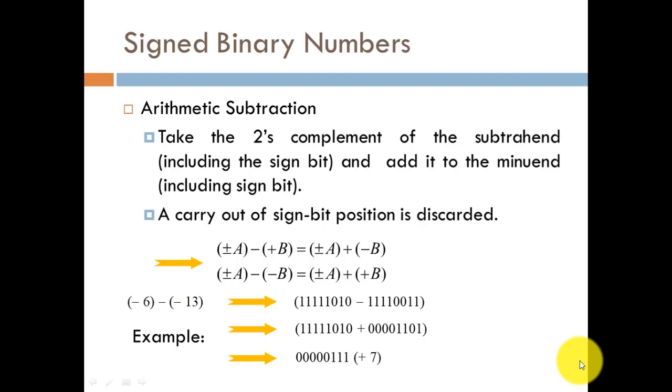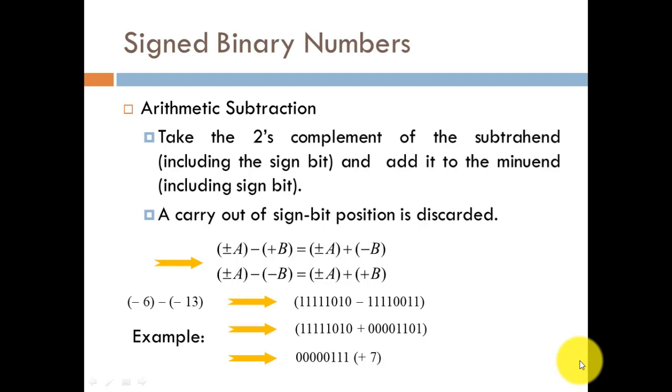So we are left with 0 0 0 0 0 1 1 1. This triple 1 represents the magnitude 7, and this 0 sign indicates that we have a positive 7. So this is how we perform arithmetic subtraction with the help of 2's complement.